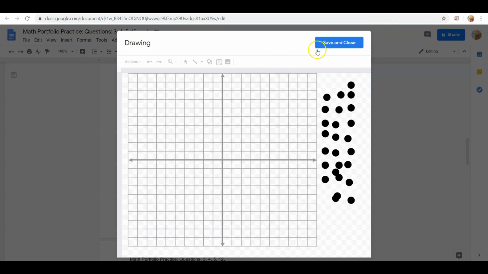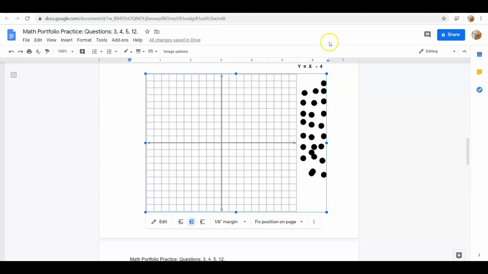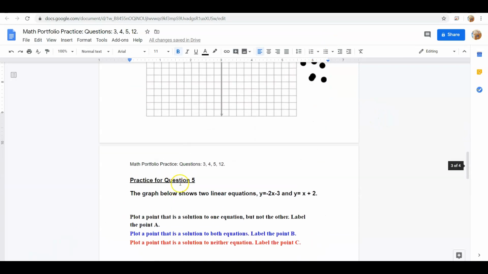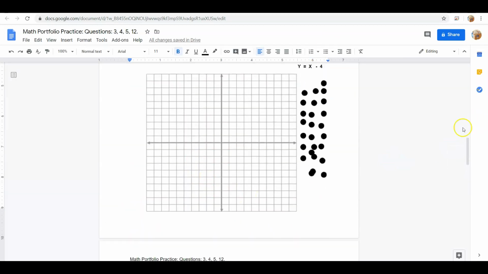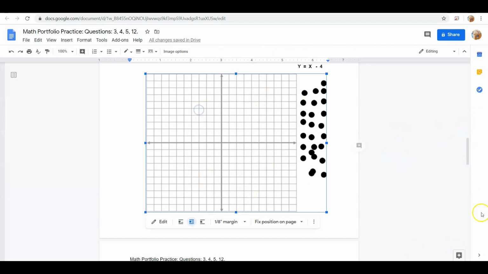All right. So I want to be able to show you guys the equation as well while I do this. So here's what I'll do. All right. So again, to get to the graph, you click on it, just a single click, and then this blue square will appear. You hit this edit button.